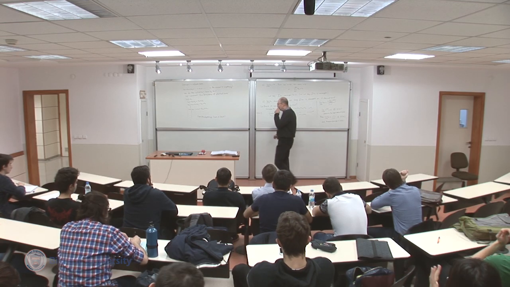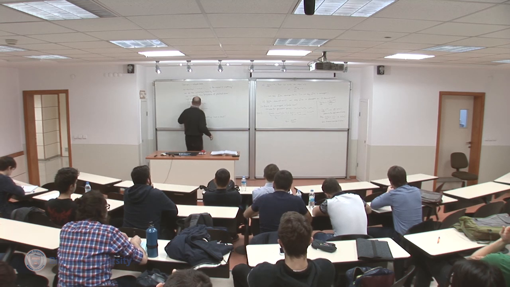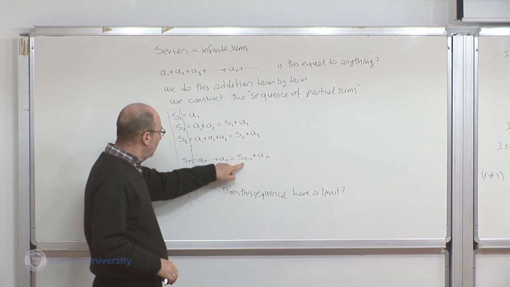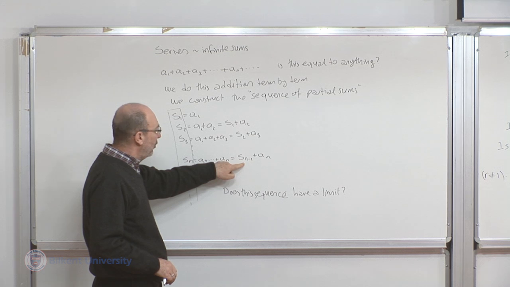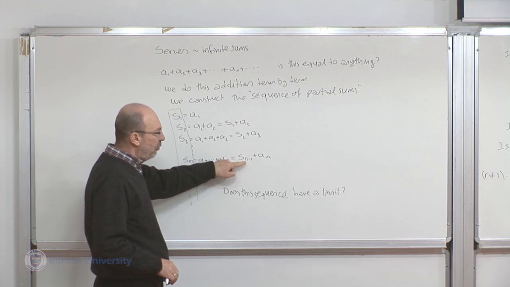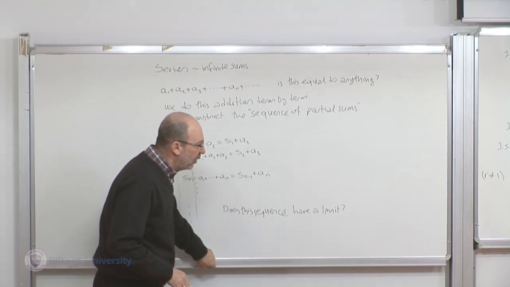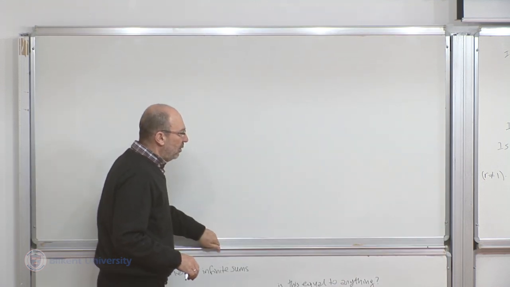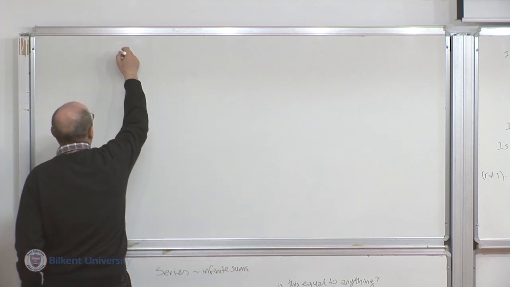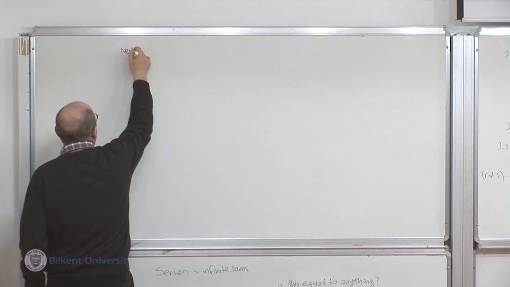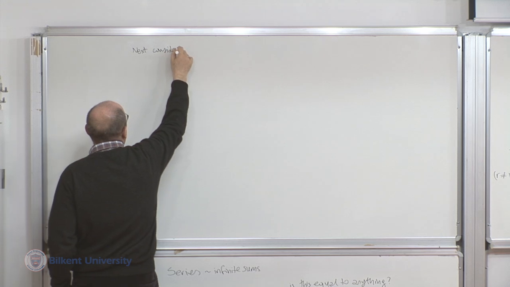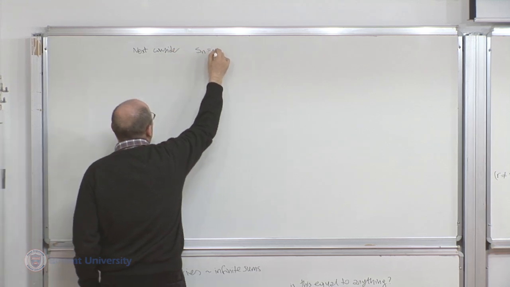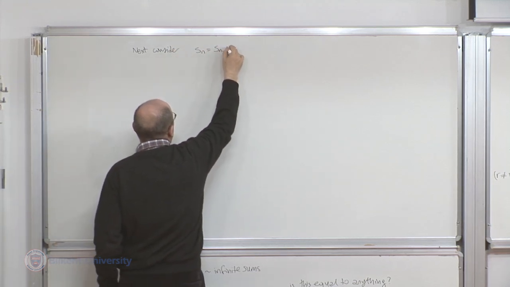The next thing to do is to go back to here and extract extra information from here. So next, consider Sn equals S(n-1) plus An.